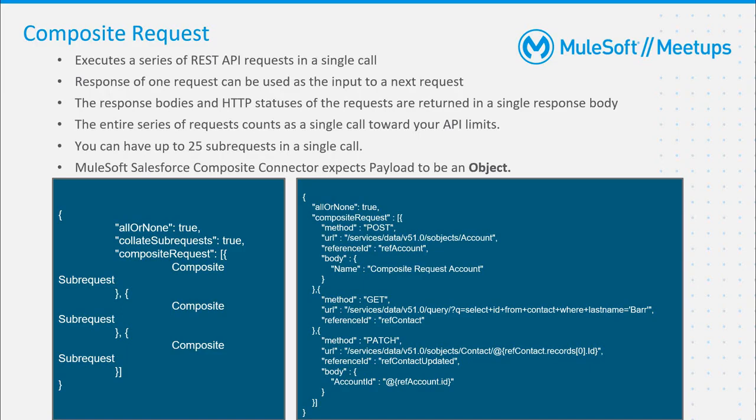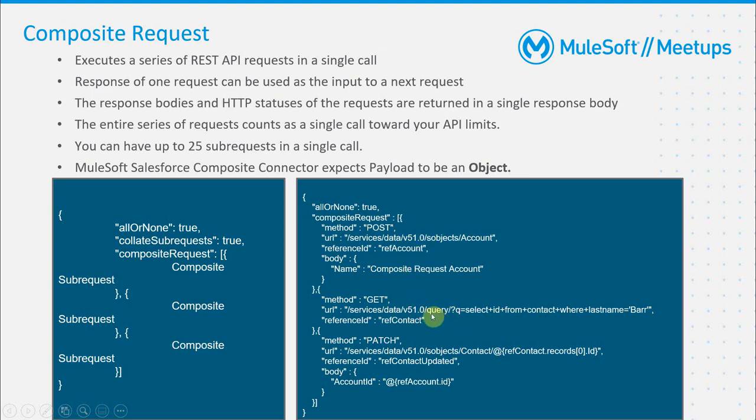And then in the next one, if you see here, in the second part, it is getting one thing from the Contact object. So it has services slash data slash your API version, which is the same across both, and it's querying actually.